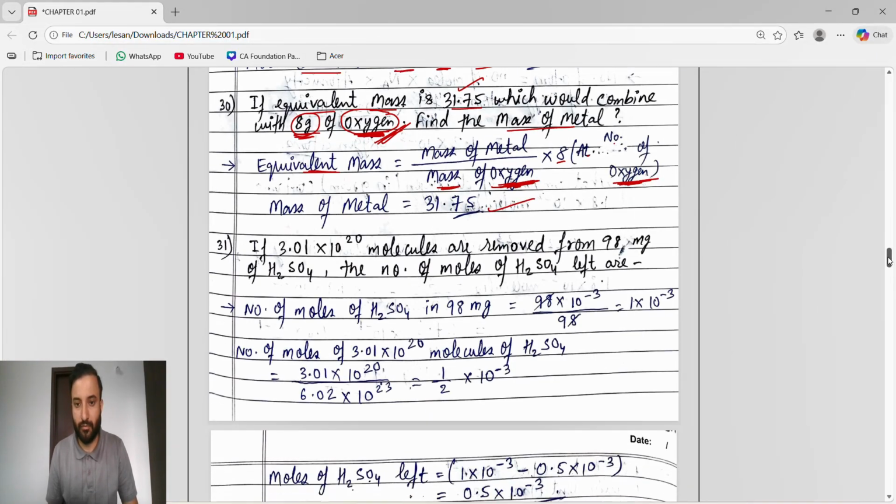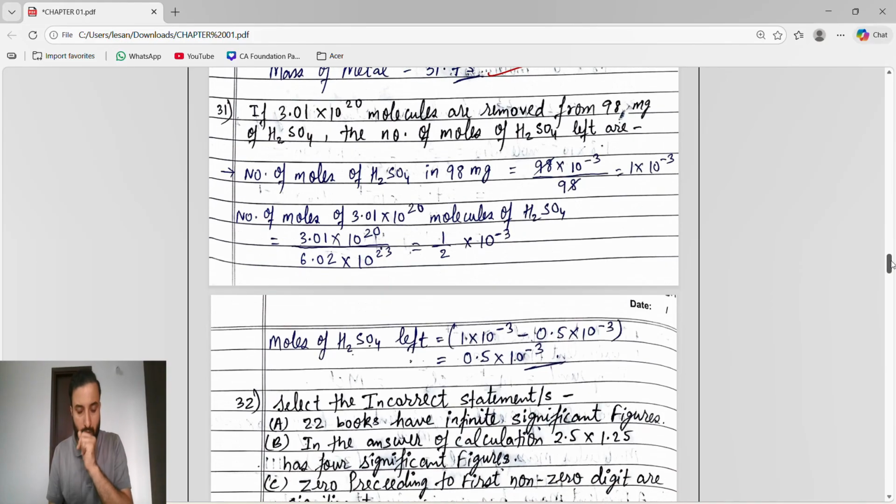31.75. Okay. Next, if 3.01 into 10 to power of 20 molecules are removed from 98 gram of H2SO4, guys, understand what is given. We have a total of 98 gram of H2SO4.